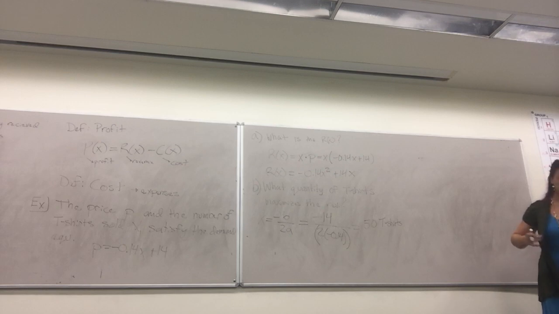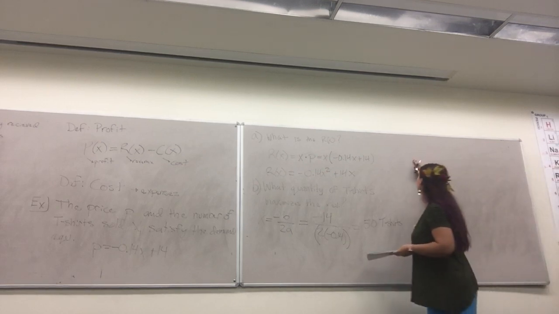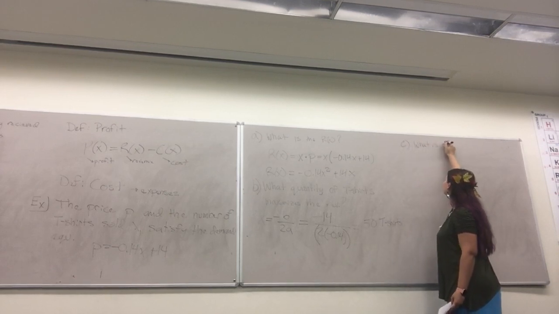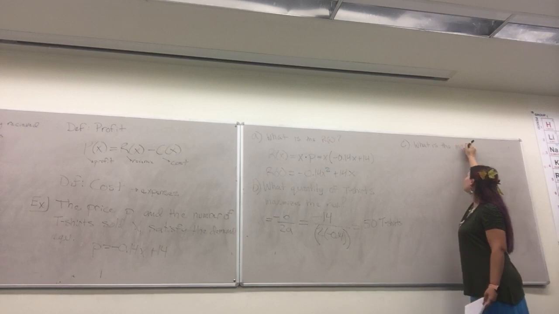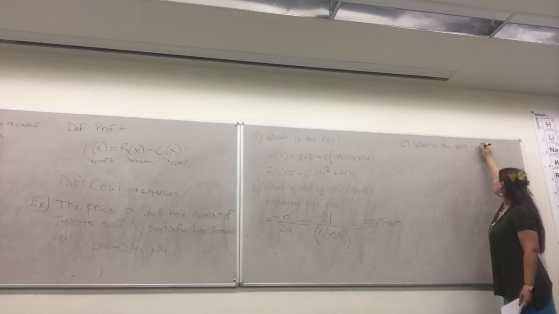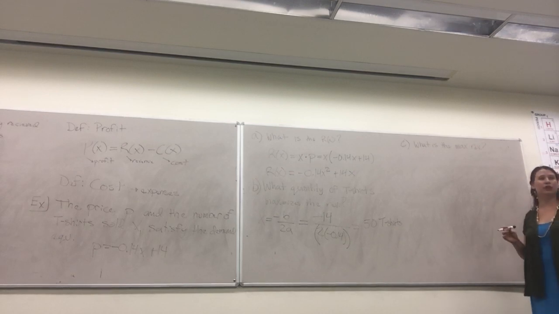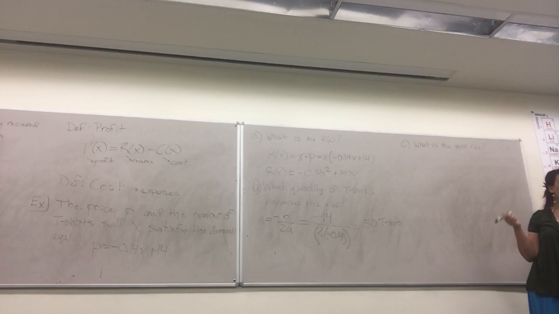Okay. So then, next is we do actually want to find the maximum revenue. So how do we do that? We know how many t-shirts we have to sell to get the maximum revenue, but how do we find the actual maximum revenue?